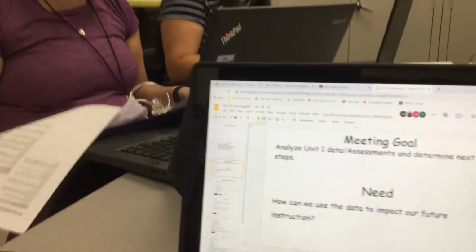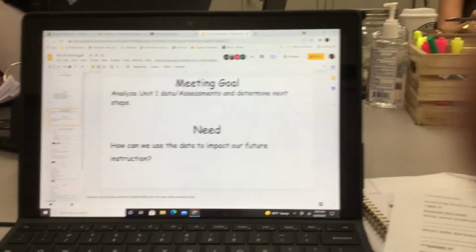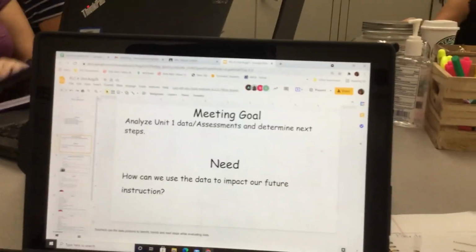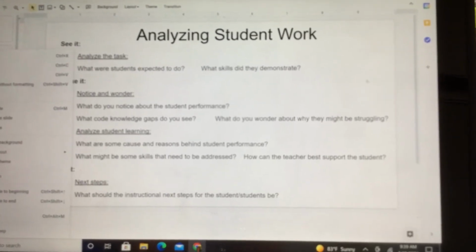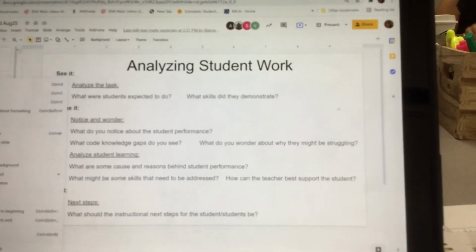On the slides, when you do get to next steps, I put some next steps at the bottom of your grade level slide that you might want to consider. And it just helped me when I was going through to jot down on that data protocol page.